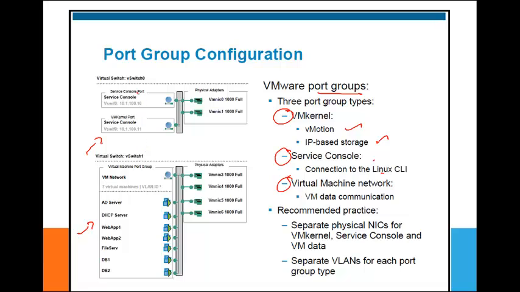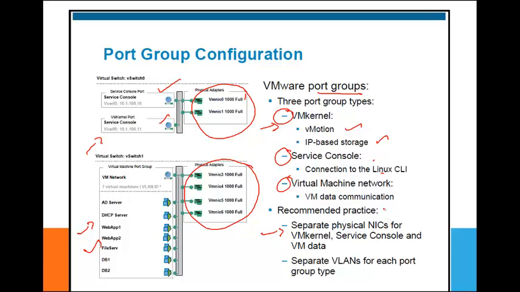This is just a normal vSwitch, so we don't see a VMkernel in this example on the left. We also see that there are 2 dedicated VMNICs, the physical NICs, given for the service, and 4 VMNICs given for the virtual machine traffic. So the recommended practice is separate physical NICs.